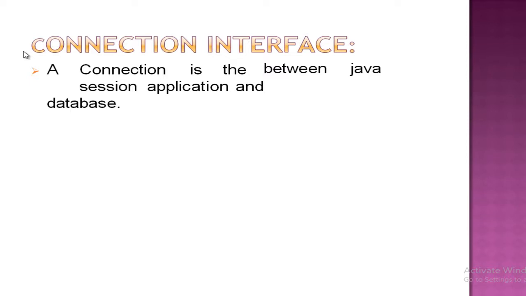Now let's see the connection interface. Connection, that means what? Connection between what? So the connection between the Java application and database will be maintained by JDBC, Java database connectivity. So between the Java application and database, for that we are going to use these drivers to establish the connection between them, right?